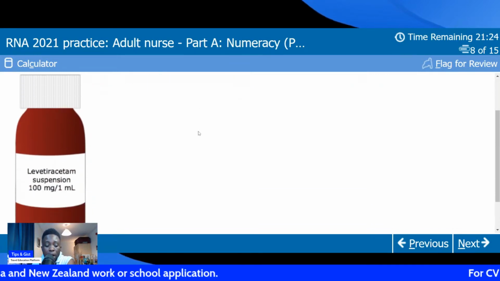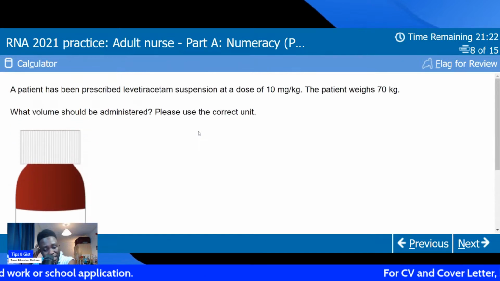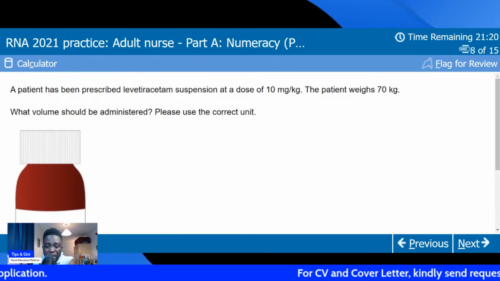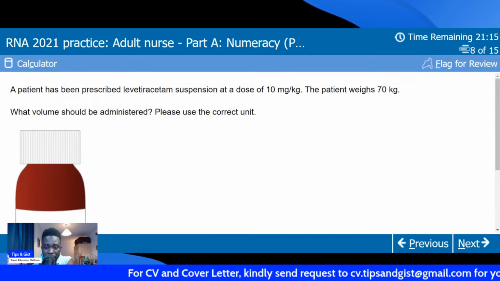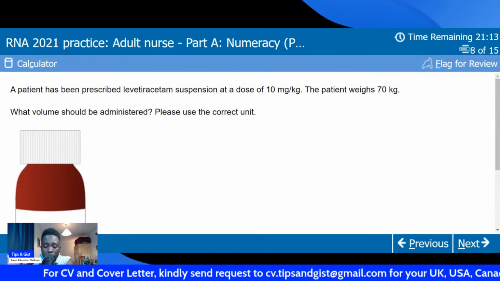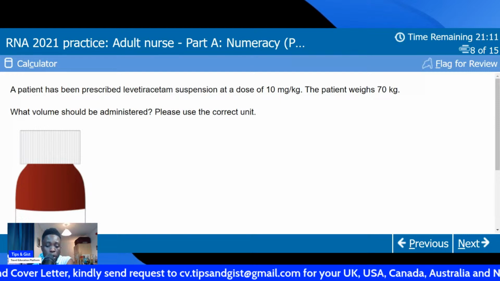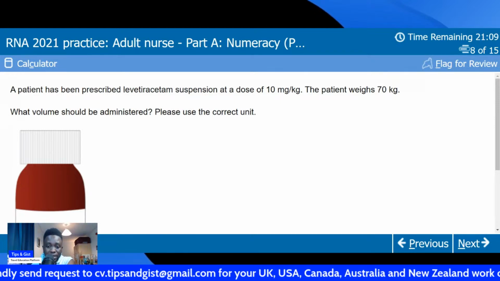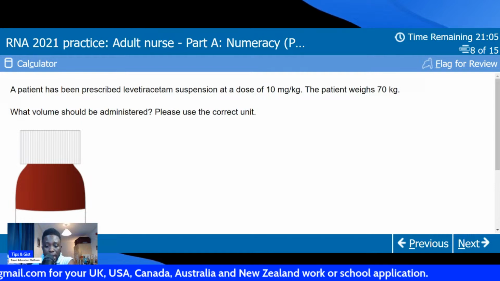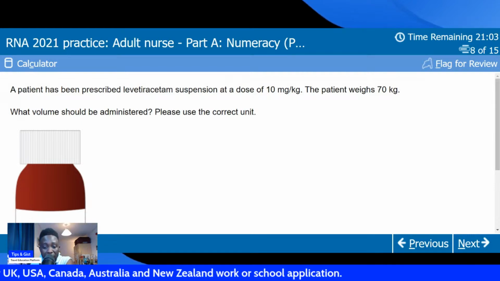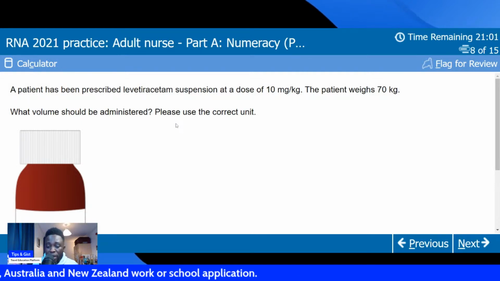The doctor didn't give the exact dose, but the doctor said you should give 100 milligram per kg. So you are supposed to go and weigh the patient. You went to do the weighing and you saw that the patient is 70 kg. So you realize that you are supposed to administer 100 times 70, and that means 7,000 milligram of that drug.